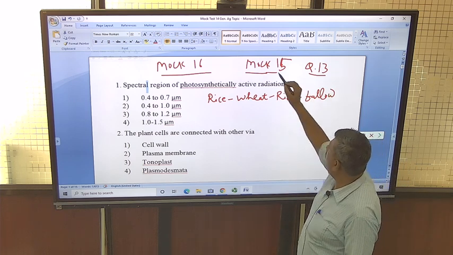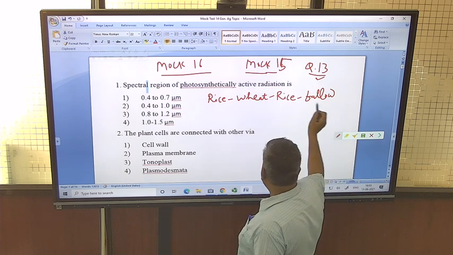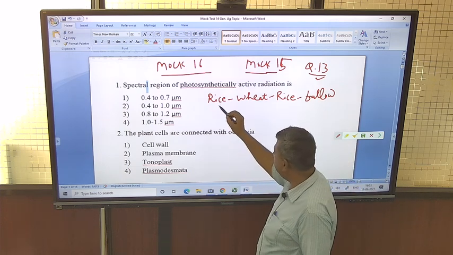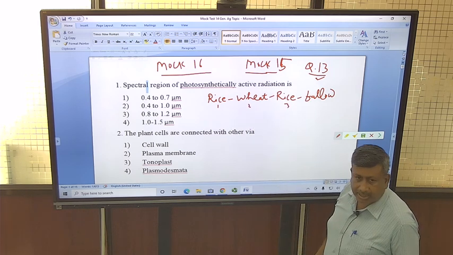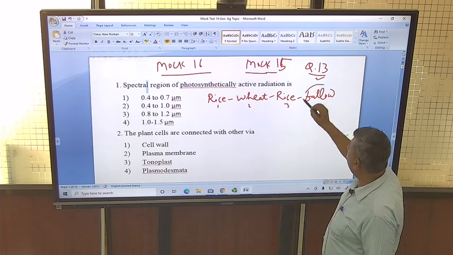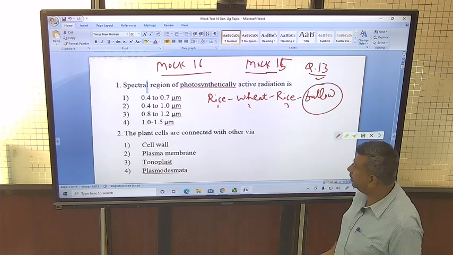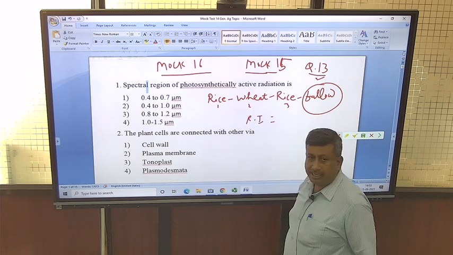And in this question, mock test 15 question number 13, by mistake I explained there are 3 crops, 1 crop, 2 crop and 3 crop, but I wrote and considered it as a 4th crop. It is not a 4th crop, it is a fallow period. So rotation intensity is equal to number of crops divided by duration.